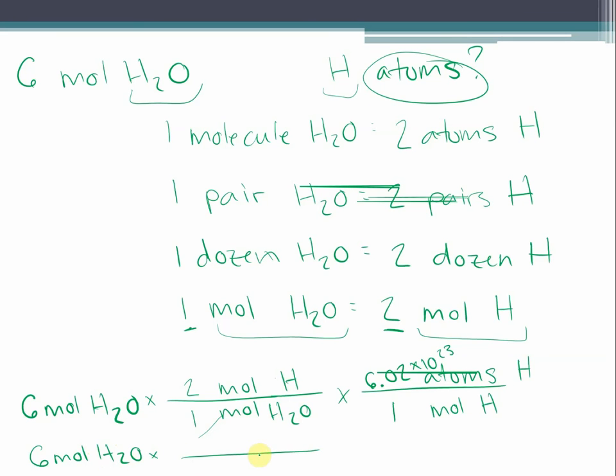times a fraction. If we were working this the old way, the way we first learned moles, then from 1 mole of water we would go to 6.02 times 10 to the 23rd molecules of water.